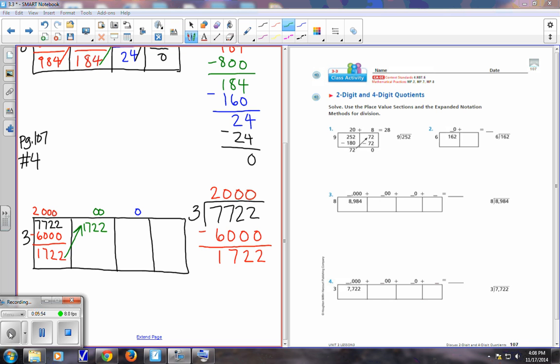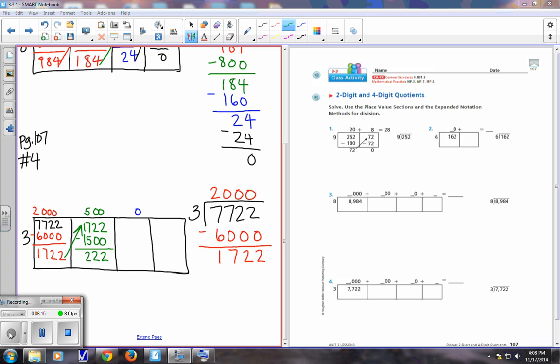So how many threes go into 17? I know that 4 threes are 12, 5 is 15, and 6 is 18, which is too much. So I'll go with the 5. And I'll subtract.